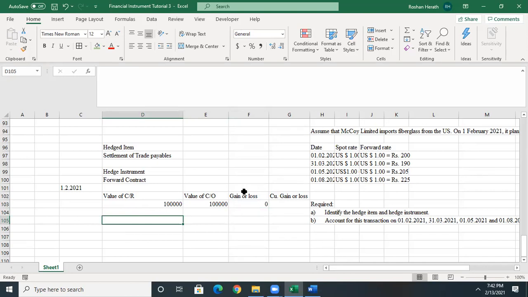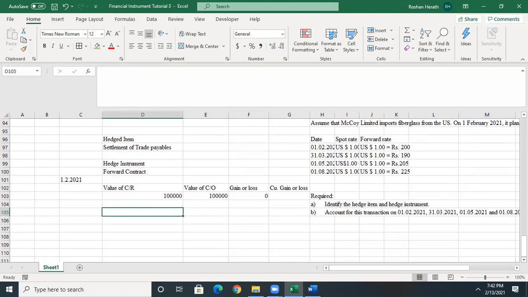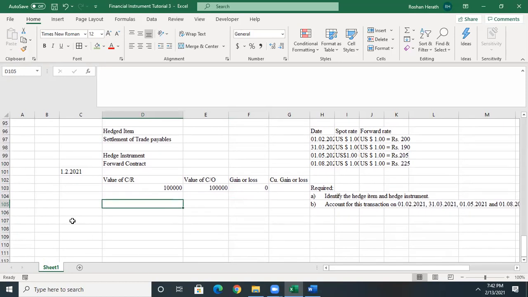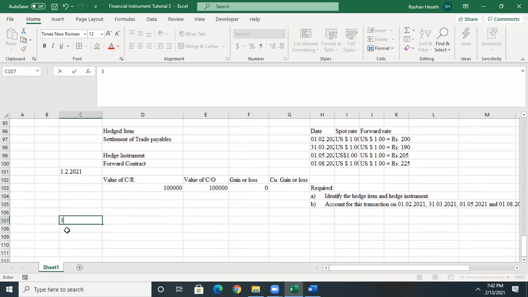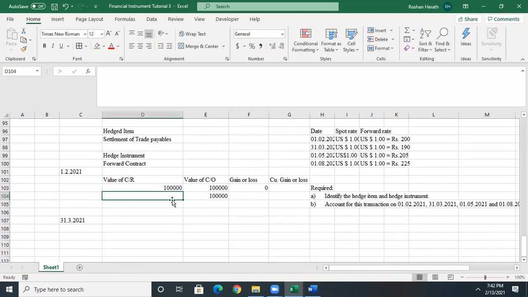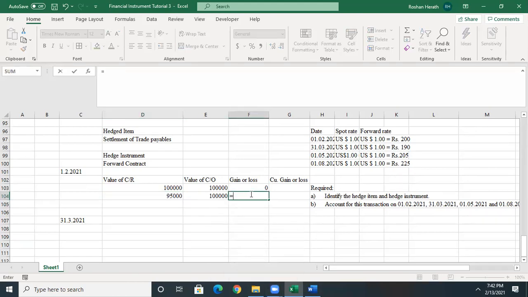When you come to the derivative, initially you do not record it, but at the reporting date you need to do the remeasurement as usual. Again, the fundamental thing: what is the value of your obligation? You simply lock into that. But what is the value of the contractual right? It's about the forward rate at the reporting date. It's 190 into 500, which is 95,000. So the gain or loss, it's a kind of loss.